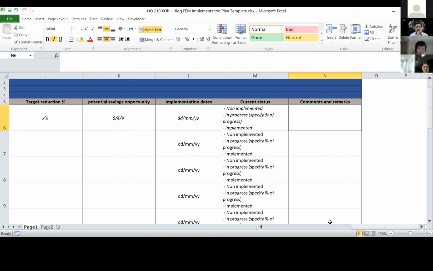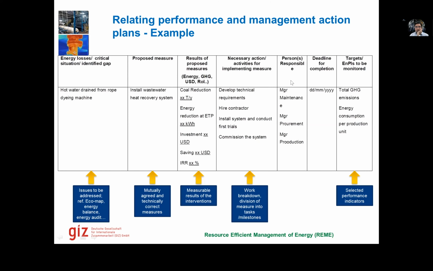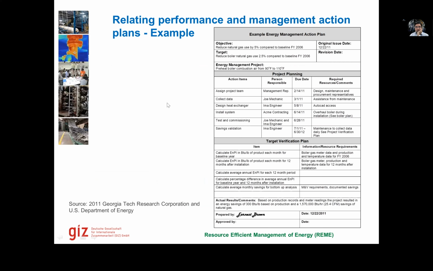So this is a very good template, and if we use this template, then we actually help companies in fulfilling their HIG FEM requirements as well. And then there is another example. This example comes from the Georgia Tech Research Corporation and the US Department of Energy. This is one template of an energy management action plan.